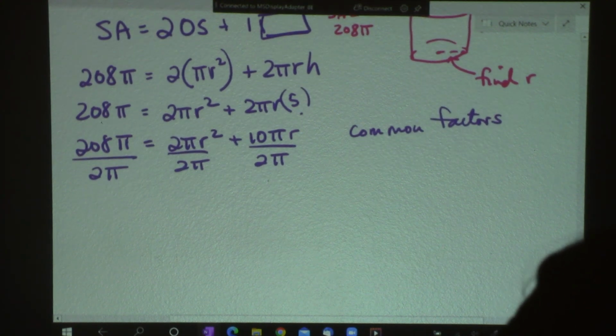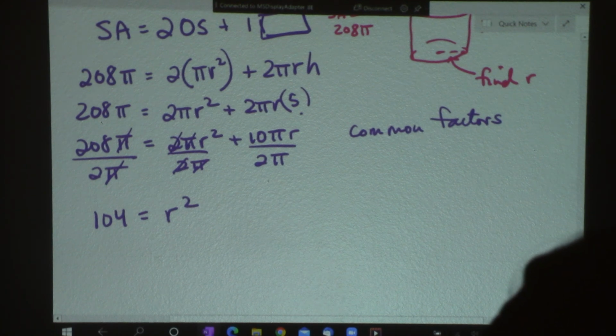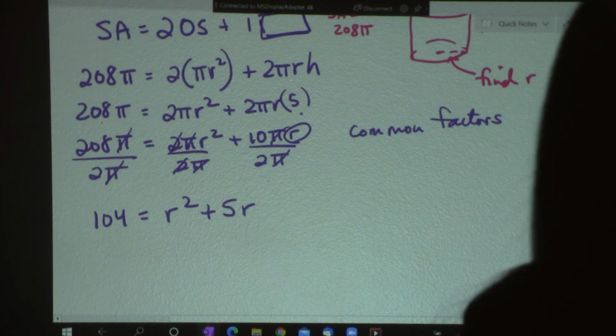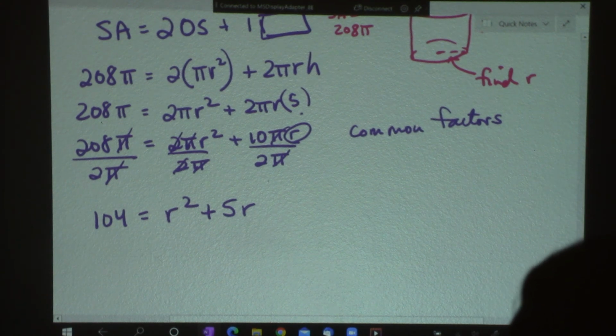Okay? So here the pi's cancel, and 208 divided by 2 is 104. Here the 2's cancel and the pi's do. Oh my, look at this. And here the pi's cancel and this becomes 5r, right? The r's left and 10 over 2 is 5. This looks like algebra.